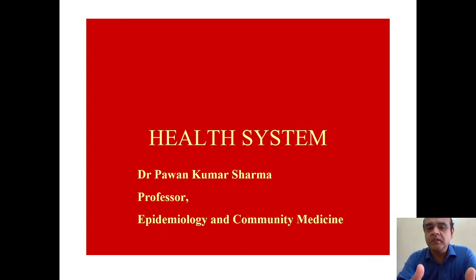When we talk about health system in India, it works on three important bases. There are three bases for any health system in any country, even for the world. The whole health system is based on three things: prevention, cure, and rehabilitation.